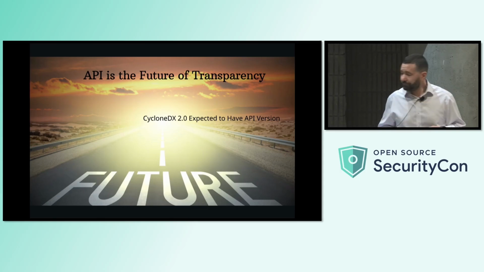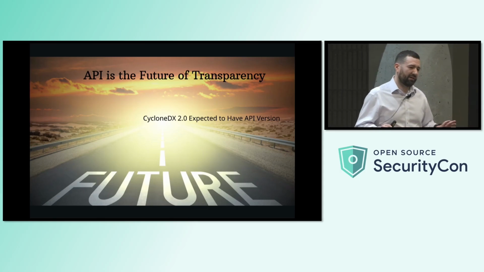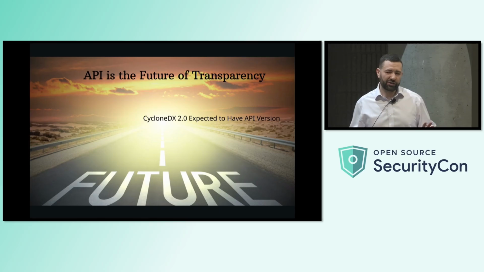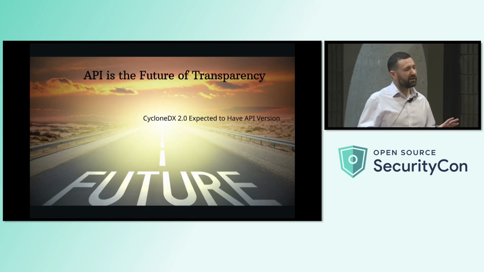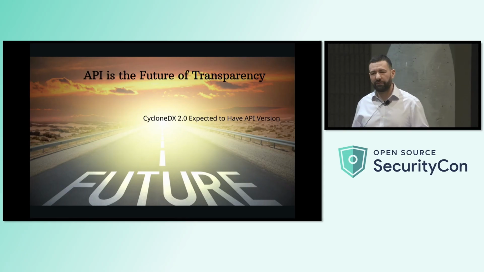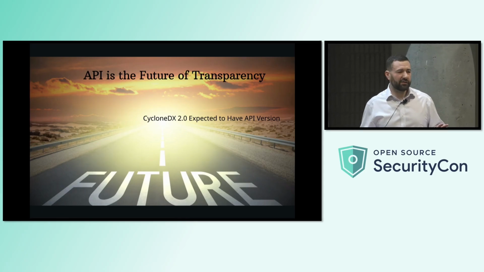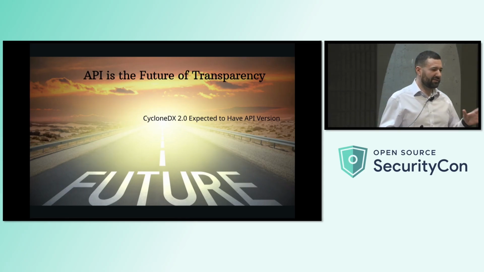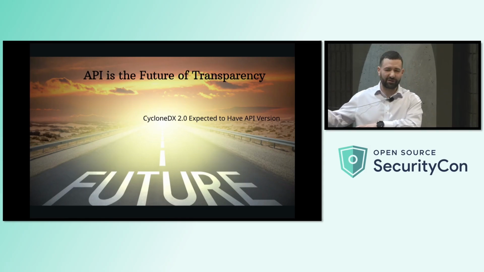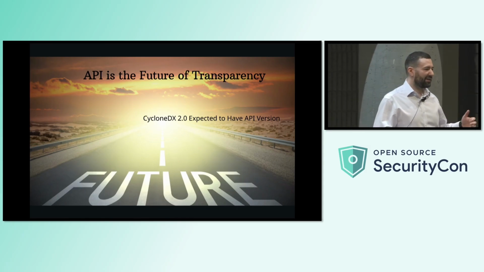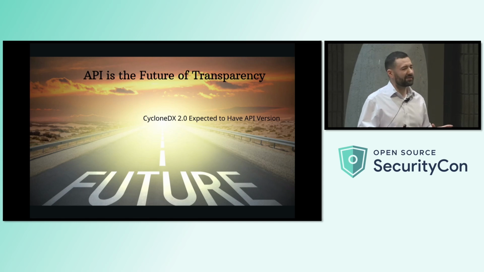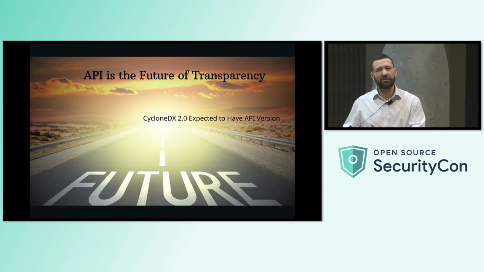And this is, again, a forward vision. The forward vision is that supply chain security becomes very much API driven. There was a CycloneDX 2.0 announcement. I mean, it's a future announcement. CycloneDX 1.7 was released, and 2.0 was announced with the features that will be included.